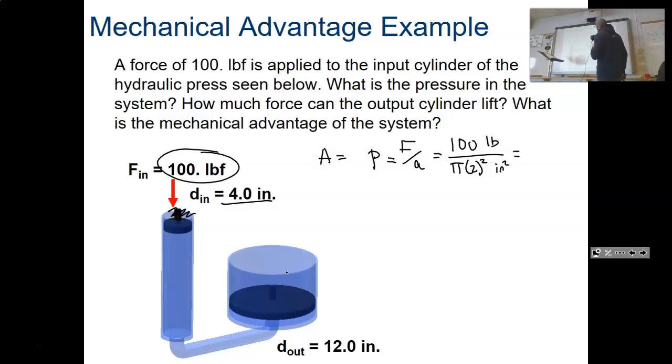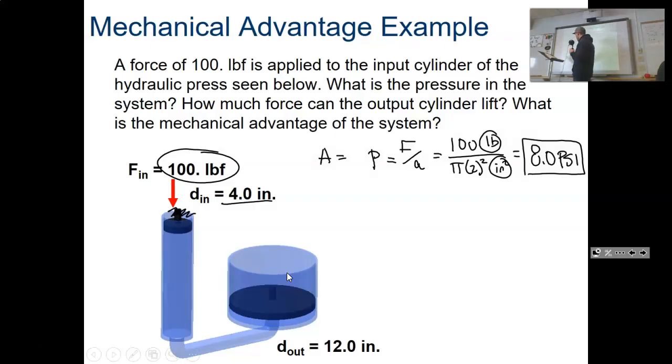If you take 100 divided by 4 pi, you end up with about 8 pounds per square inch. That's how much pressure is being exerted on every square inch inside this whole system.